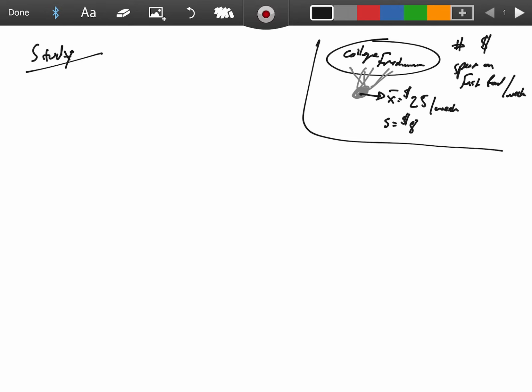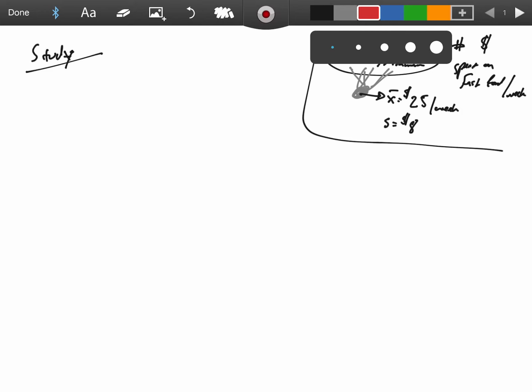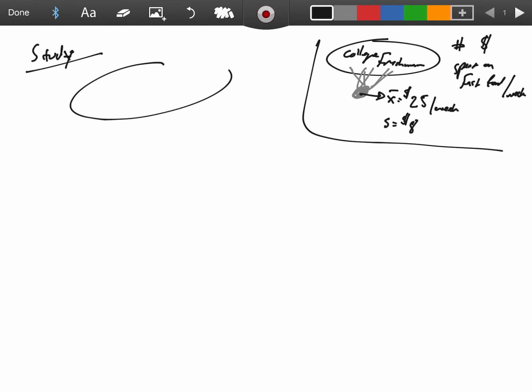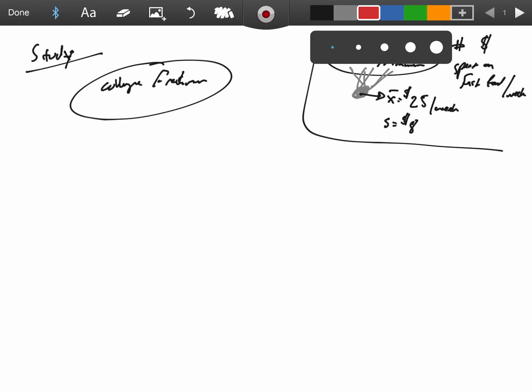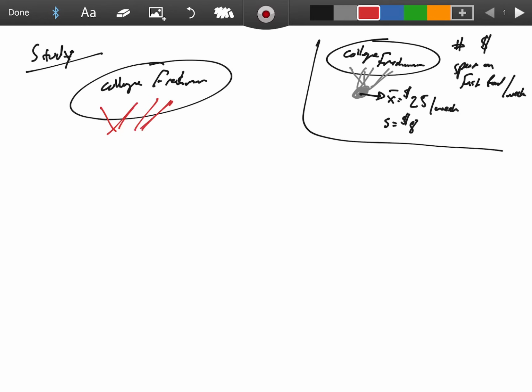So that's their sample mean, with a standard deviation of $8. So they go back in and look at the pool of college freshmen this year. Here's their population again, and they take a sample again, and let's say that this year their sample mean is $18 per week.